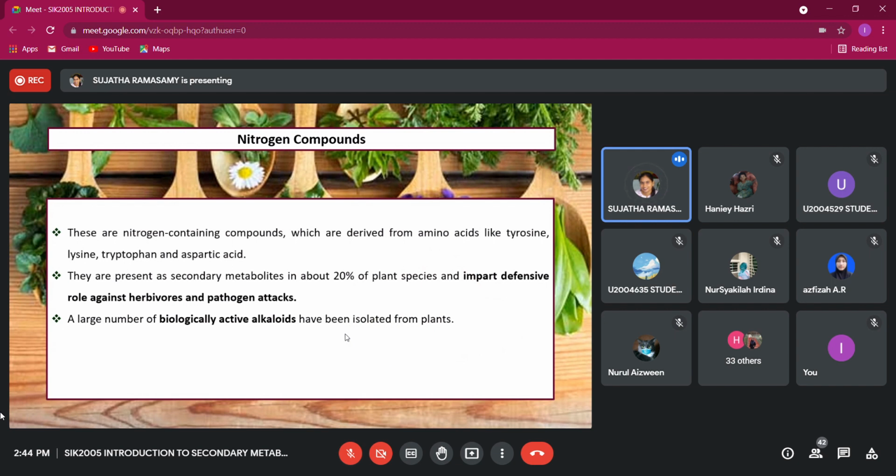Okay, and it's also present in 20% of plant species, and it acts as a defensive role against herbivores and pathogen attacks. Okay, and again, biologically active alkaloids mostly are from plants.